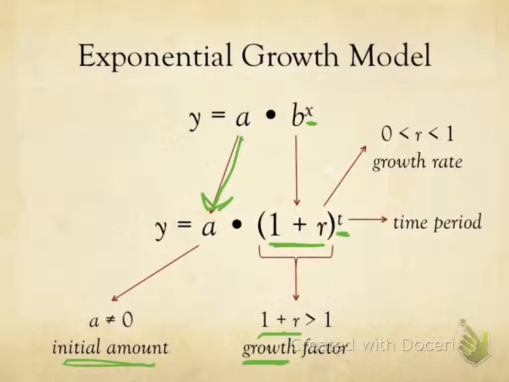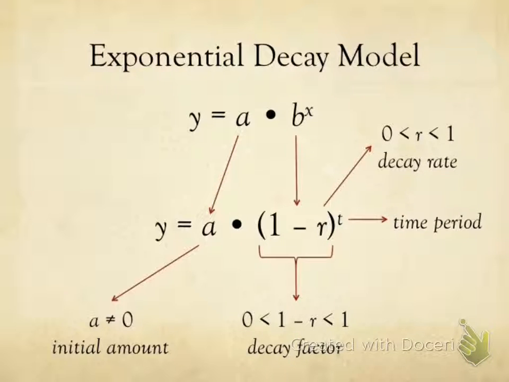Now, because we're talking about growth in this situation, we need to end up with a base bigger than 1, so we take the 1 plus the r. But what about when we want decay? Well, a decay model has to end up with a base, so again, here's our base, here's the parentheses that represents our base.